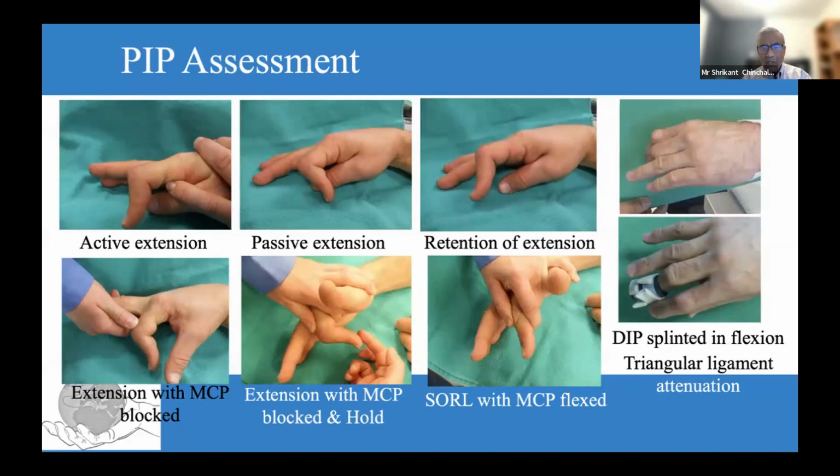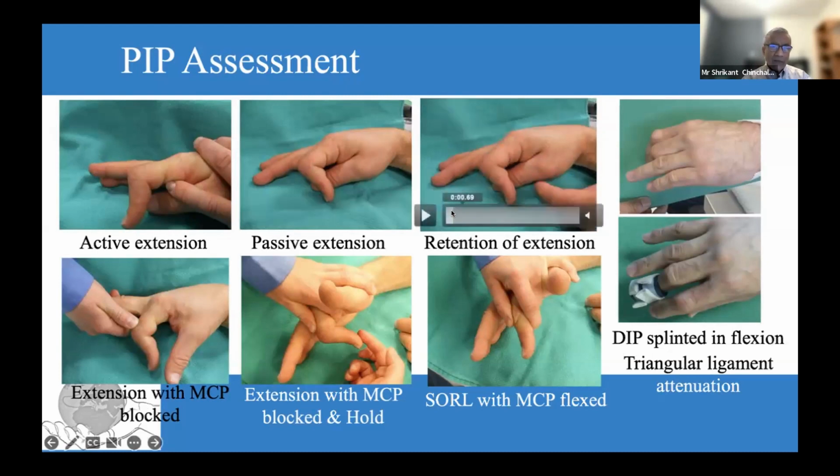However, if you look at the posture, the DIP joint hyperextends, but the central controlling mechanism is absent, which is incapable of retaining the lateral bands above the joint axis at the PIP joint, and therefore gradually the finger falls into flexion, as we see in this classic video.